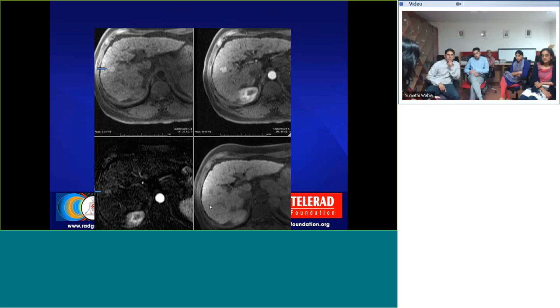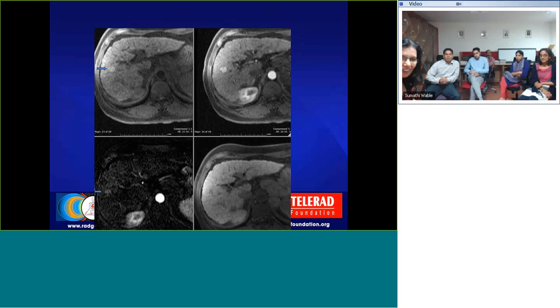A lot of centers have switched to these hepatocellular specific agents. But I feel that the bulk of experience has been with the extracellular agents. We still don't know how these are going to pan out with smaller lesions. There are articles coming every few months as to whether we should use it or not.